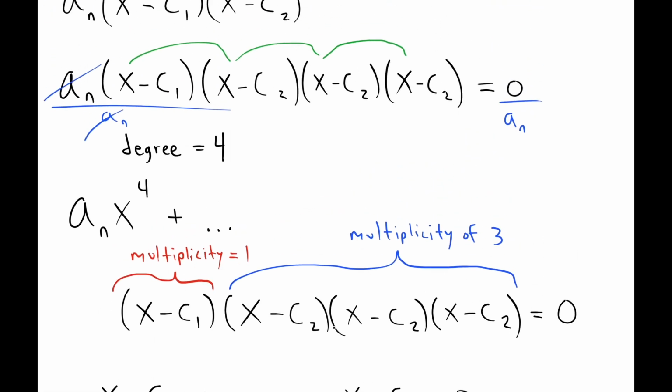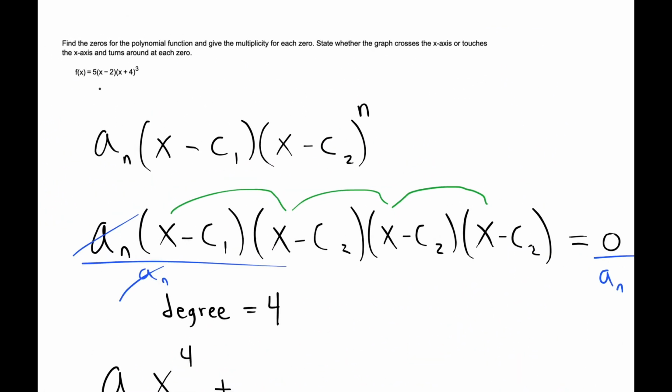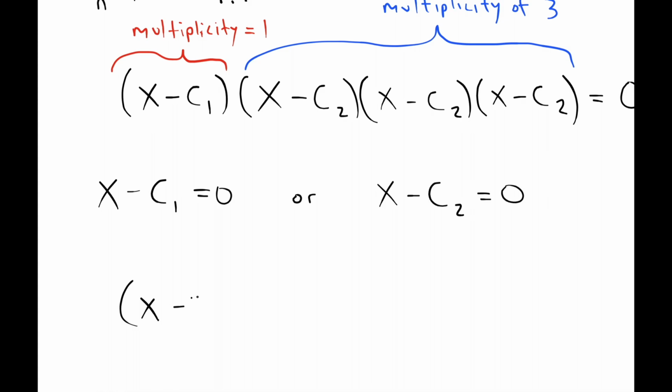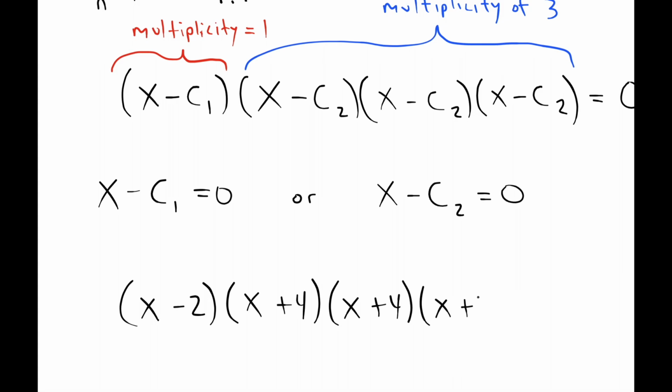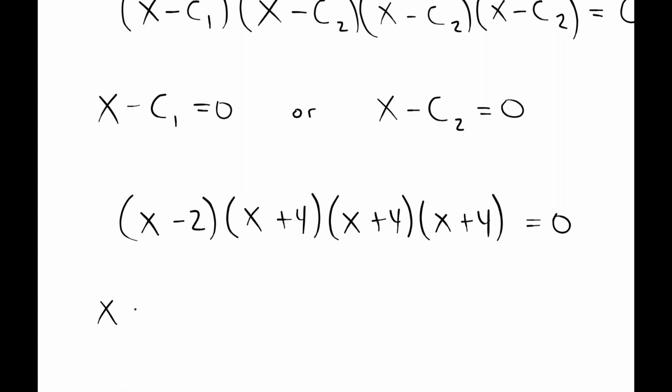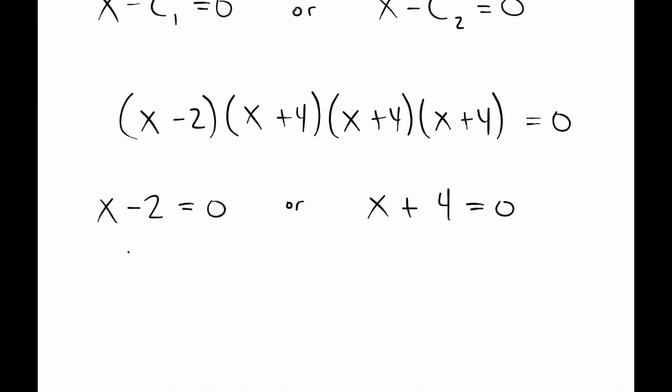Okay, now what were the numbers that actually went with this? It was x minus 2 and x plus 4. So what we have for our problem is x minus 2 times x plus 4 times x plus 4 times x plus 4, all equaling 0. And so we make our separate equations according to the zero factor law, and then just solve them separately.